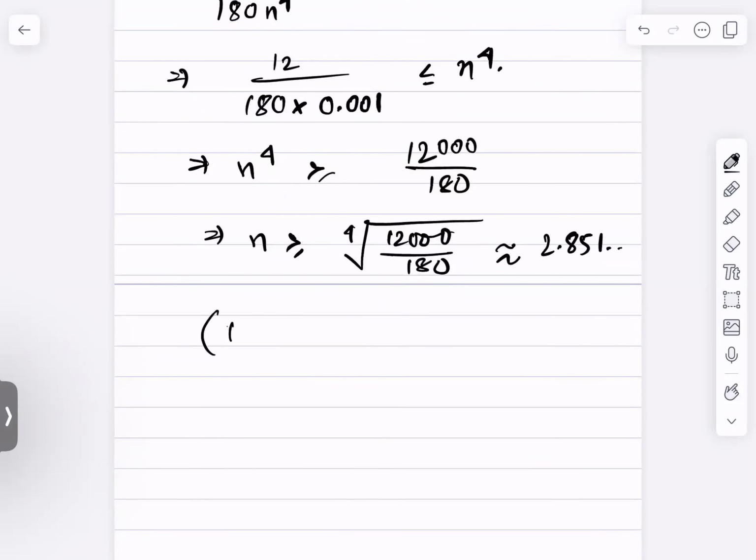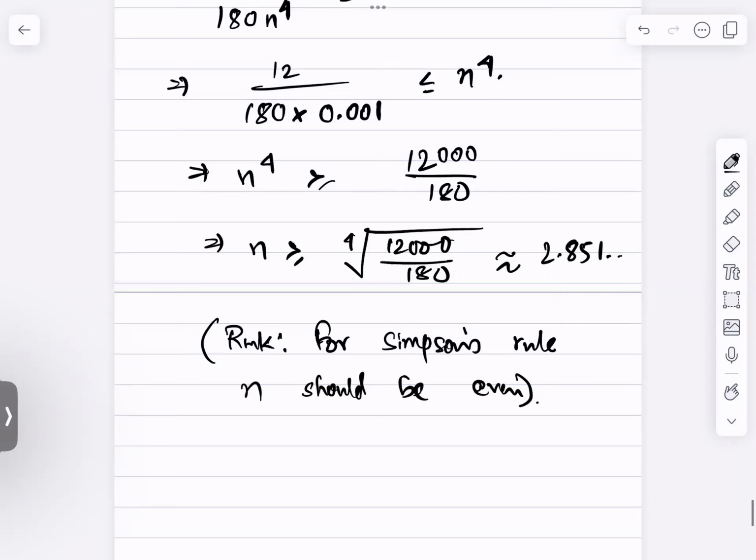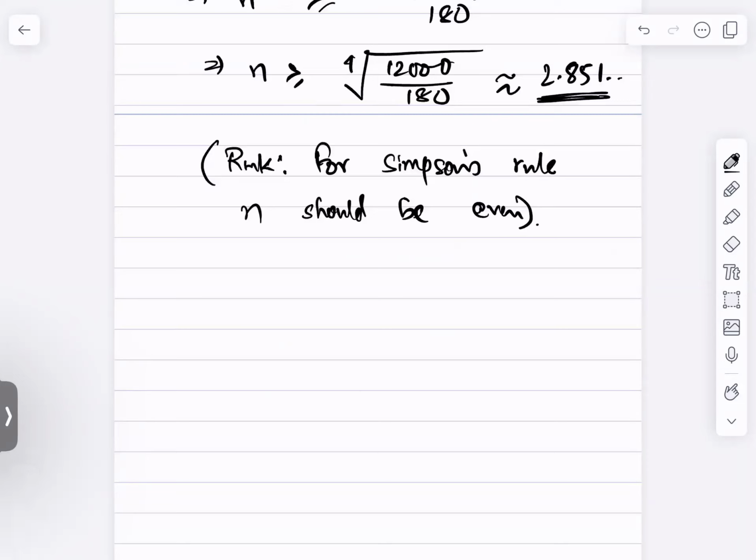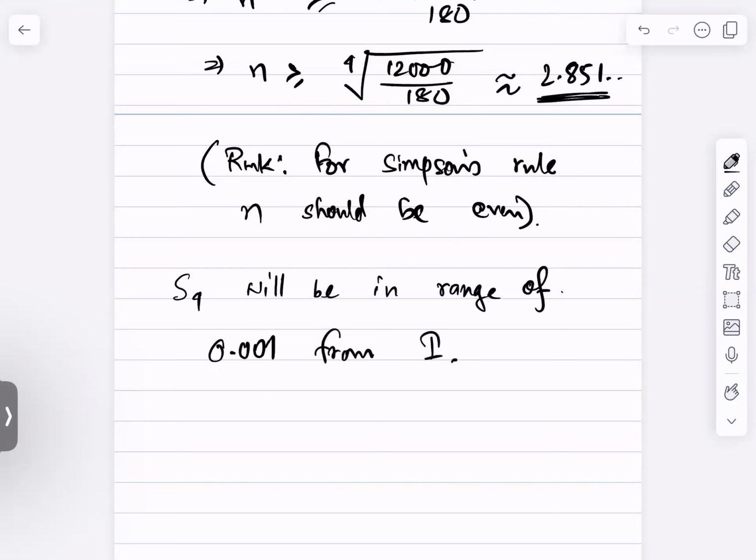Now, one important remark is that for Simpson's rule, n, which is the number of subintervals, should be even, right? And what is the even number after 2.85? It's 4, right? So therefore, my S4 will be in the range of 0.001 from, say, I.